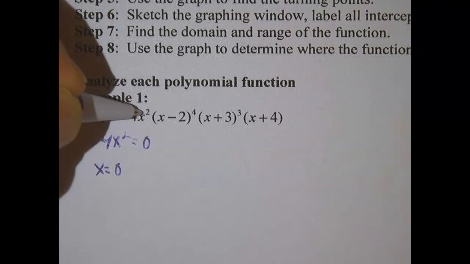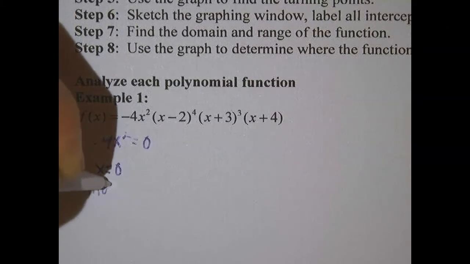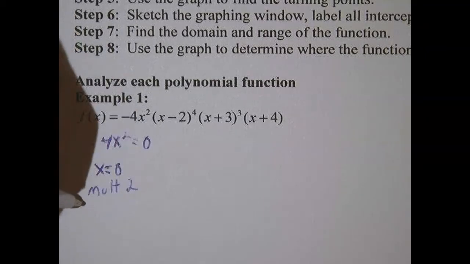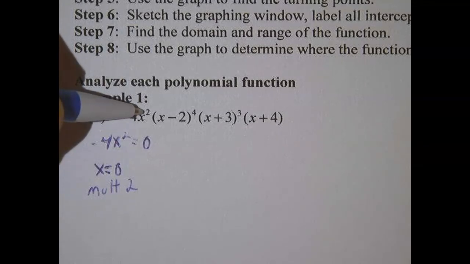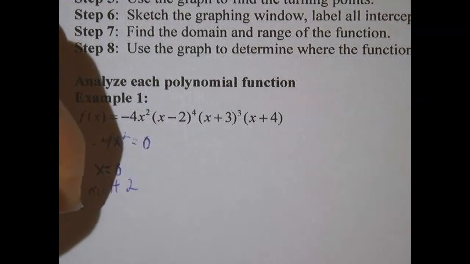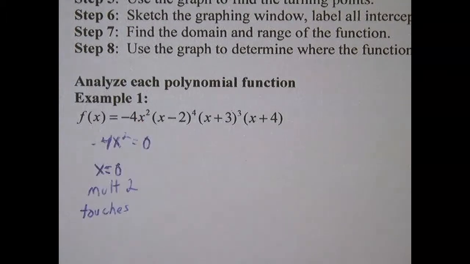And because the 4x squared has an exponent of 2, we know that that has a multiplicity of 2, and therefore at that x-intercept of 0, it's going to touch, because whenever there's an even multiplicity, it touches. So it touches versus crossing through the x-axis.